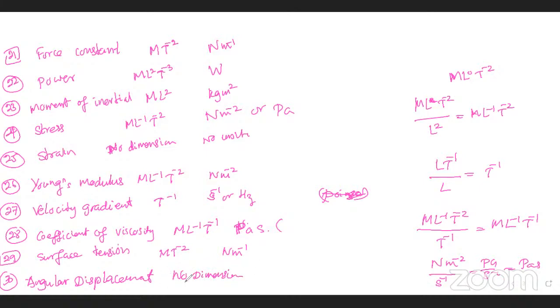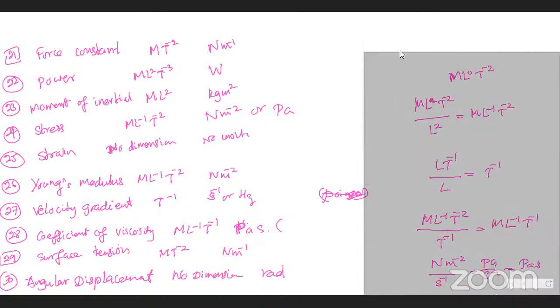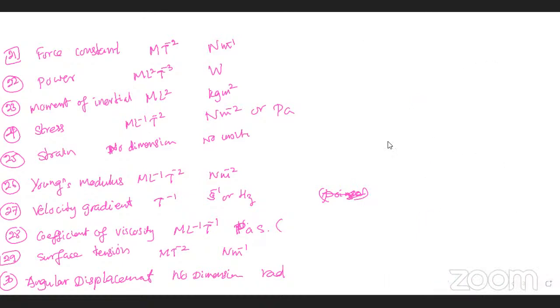Because angular displacement is the angle measured, its unit is radian. No unit, no dimension, but they are having a unit. Right? So can I go to the next question?